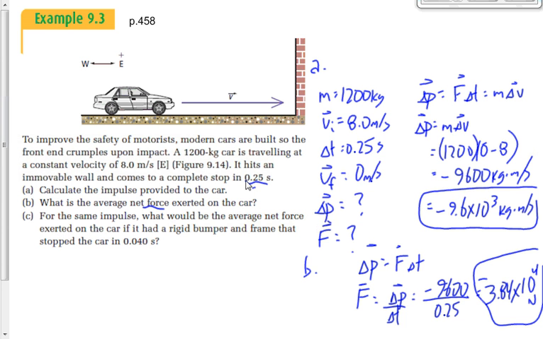For the same impulse. What do they mean by that? This car has what I call a predetermined impulse. It isn't changing. You're traveling down the road at 100 kilometers per hour. You have a certain momentum.